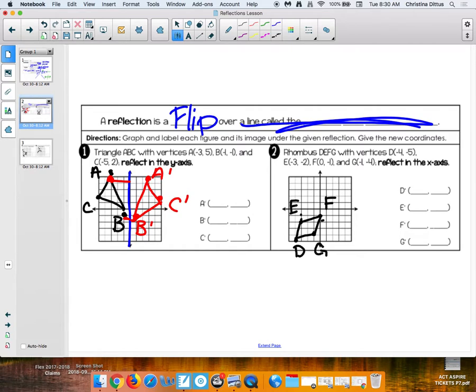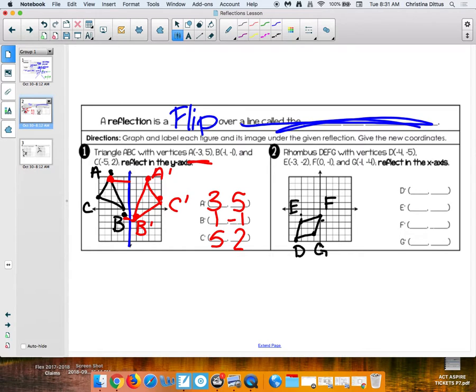When I look at the coordinates, A prime's coordinates are 3, 5. What's B's coordinates? 1, negative 1. What's C's coordinates? 5, 2. We have A is negative 3, 5. My new A is positive 3, 5. What changes?